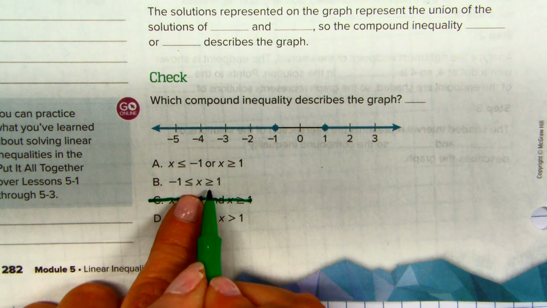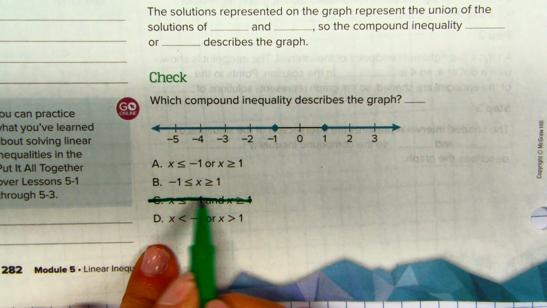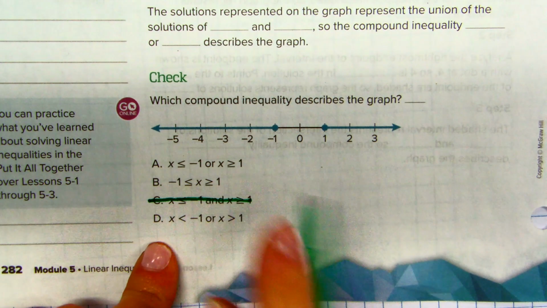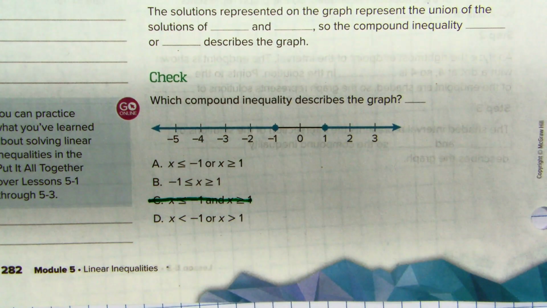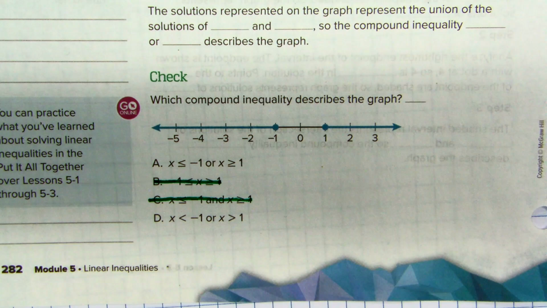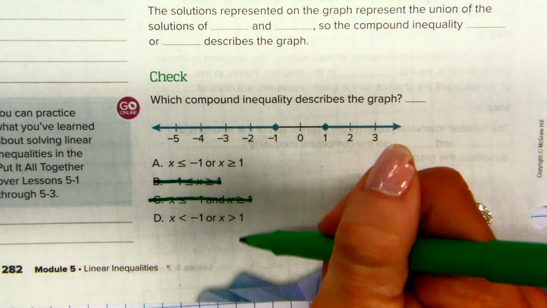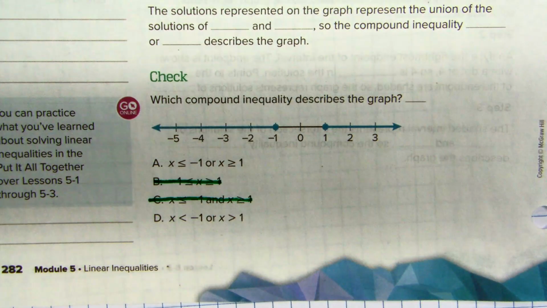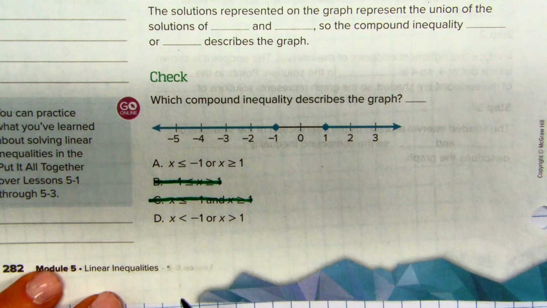I already told you that when you write your solution like this for an and problem, the inequality symbols will always point to the left. Both of them, 100% of the time. So that's not even written correctly. So smart test taking is looking at what you're offered and maybe getting rid of some, 1, 2, maybe even 3 that you know it can't be. And that way you could give yourself a fighting chance, but if you had to guess. But we're not going to guess.